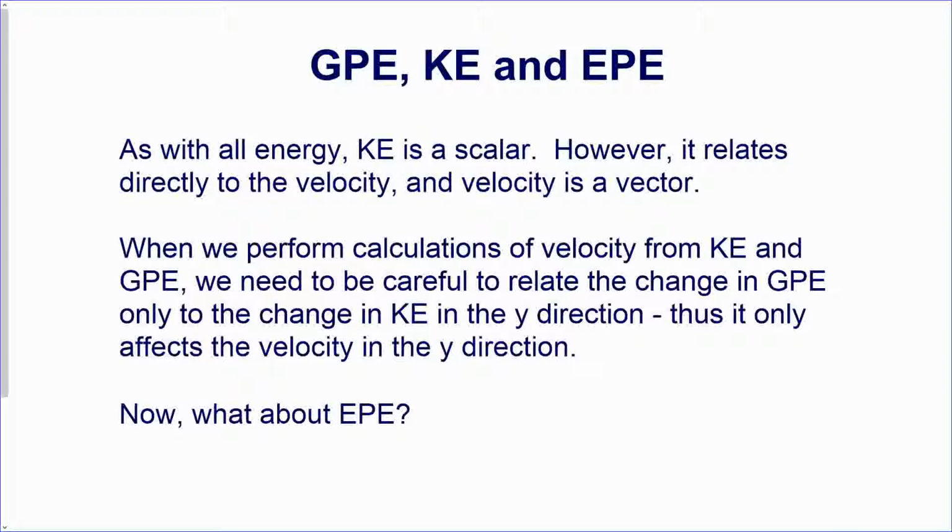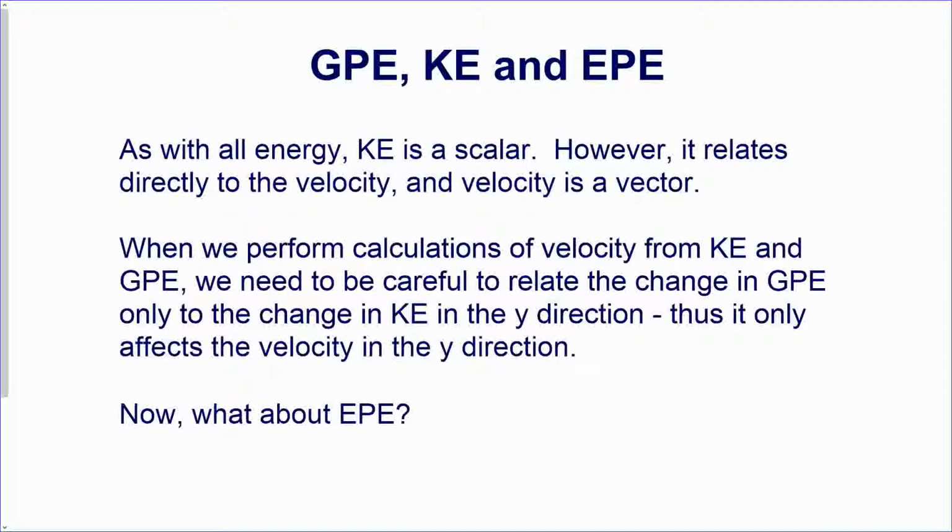As with all energy, kinetic energy is a scalar quantity. But be careful. In the formula, it says 1/2 mv squared. V is the velocity, or at least the magnitude of the velocity. Velocity is a vector quantity.